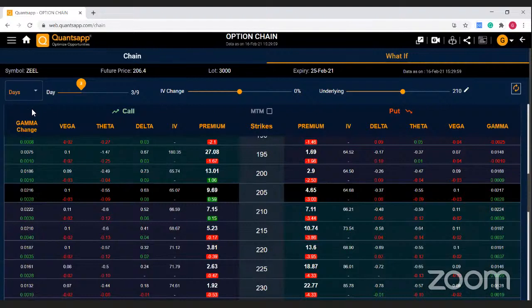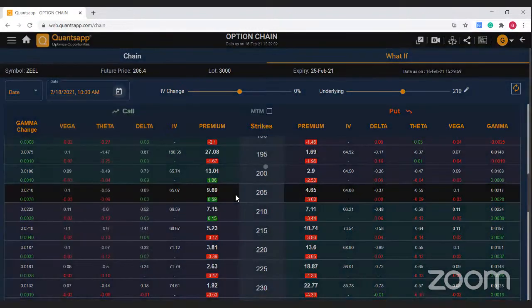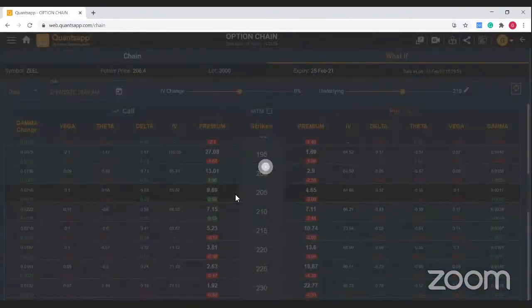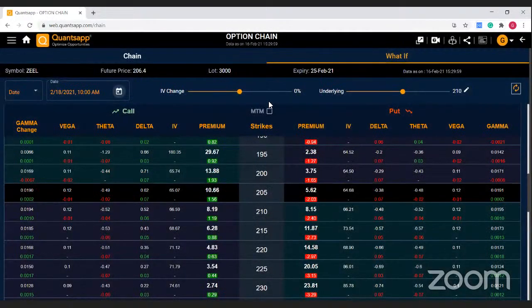I can also look here at a particular day and a particular time, how will be my option premium. So if I say on 18th morning 10, I want to know what will be my option premium, I can see from here depending on the underlying value.